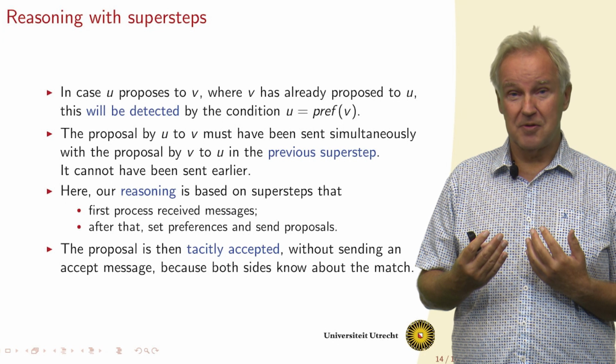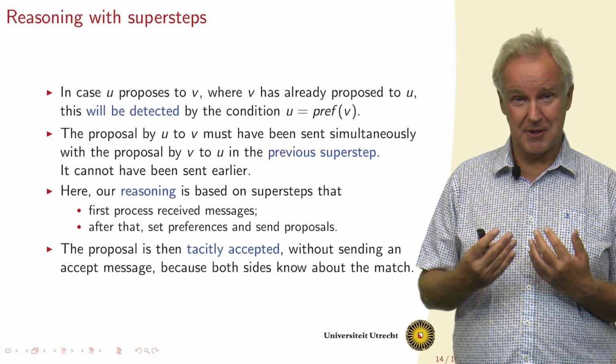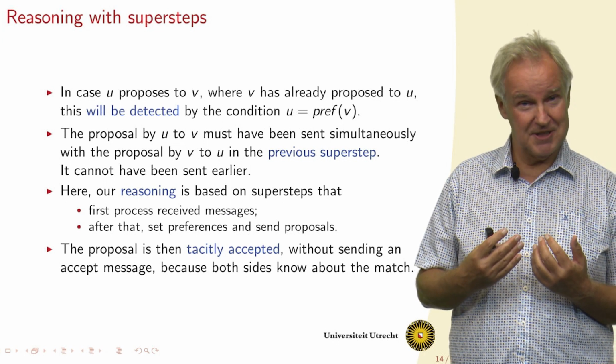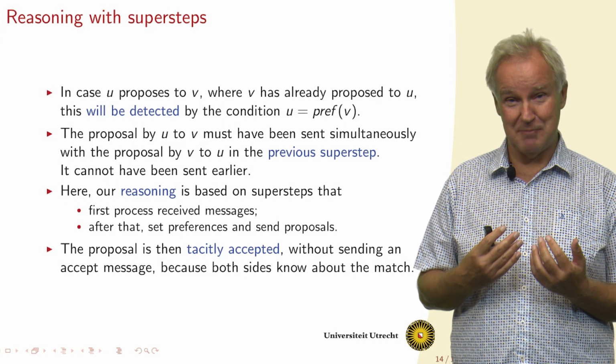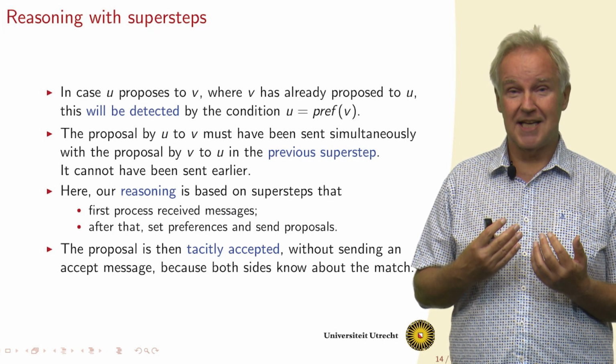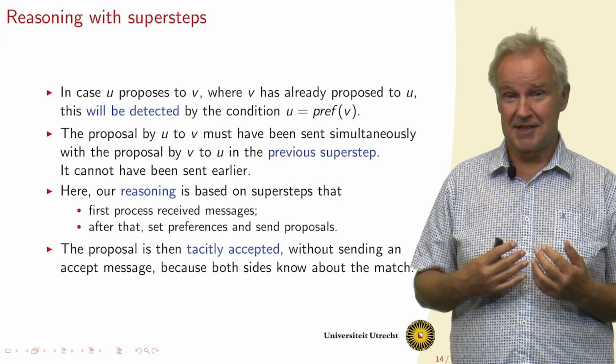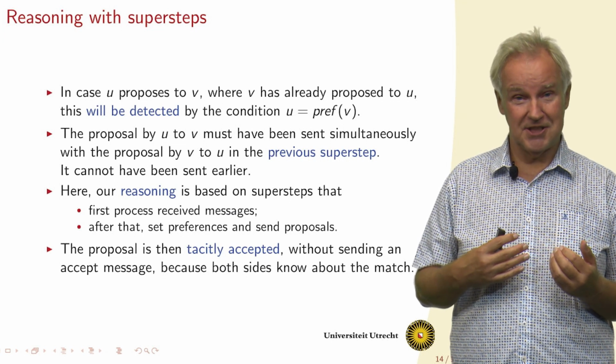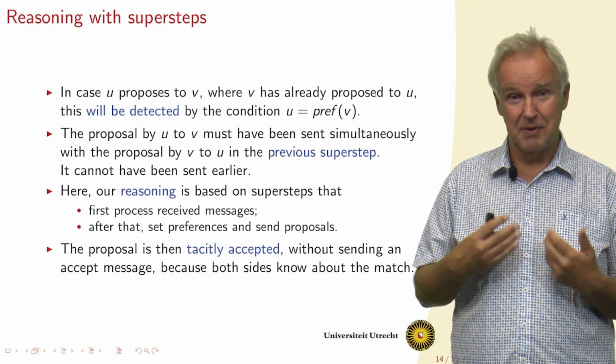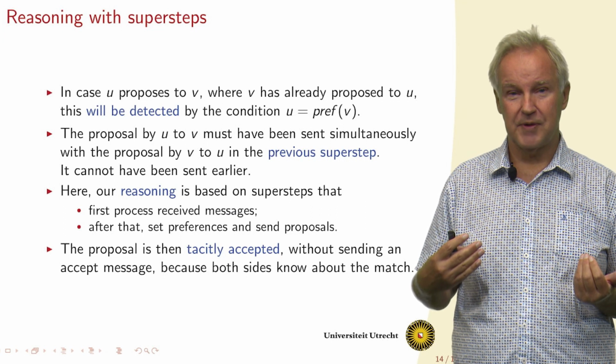Because of the superstep structure, it also means that both can detect it at the same time, and they can tacitly accept. They need not send an accept message to each other, because they both know.